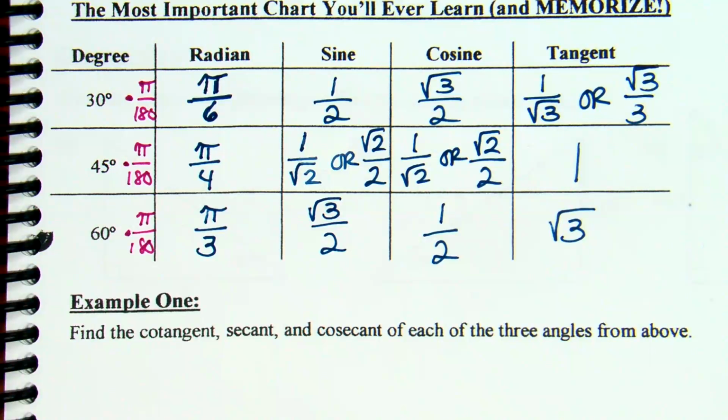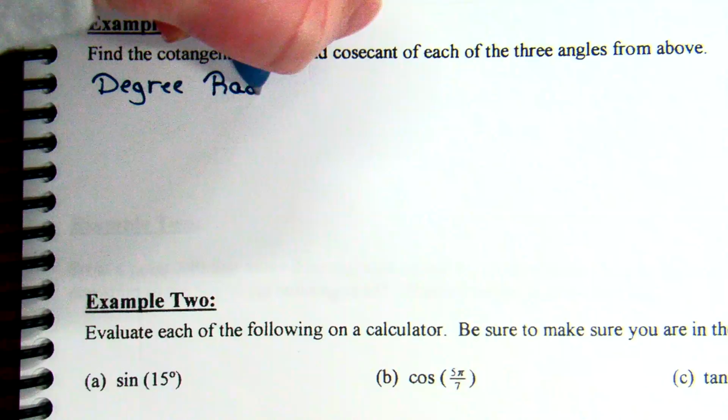So, I'm going to set up an equivalent chart down here. I'm still going to have degrees as my first column, and radians as my second column.